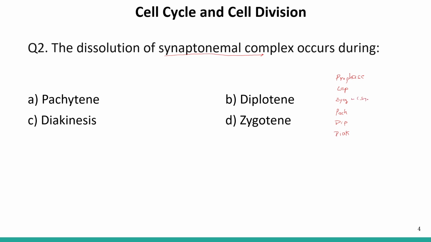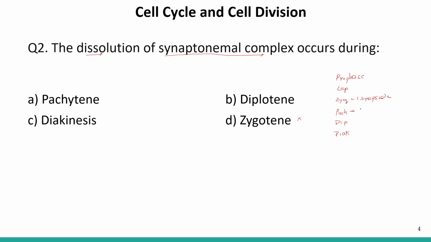Zygotene. You can say the synaptonemal complex also forms during zygotene. So zygotene can't be the answer. They are saying the dissolution of synaptonemal complex, not the formation, so don't get confused.